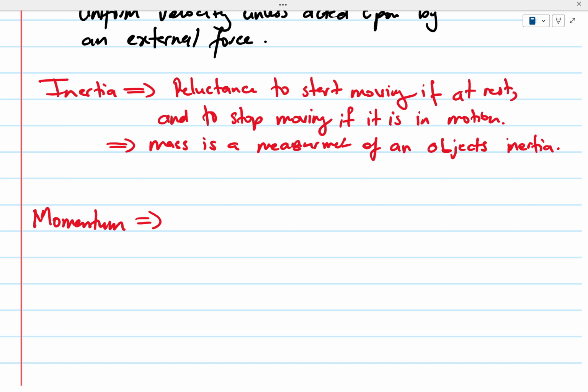Sir, the rate of change of motion. The rate of change of motion. Interesting.